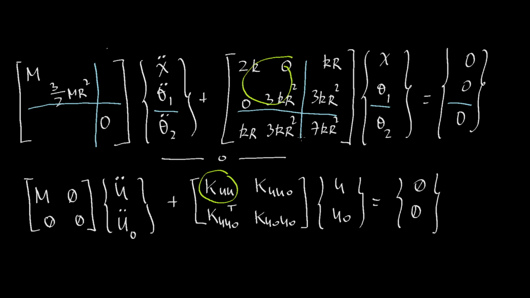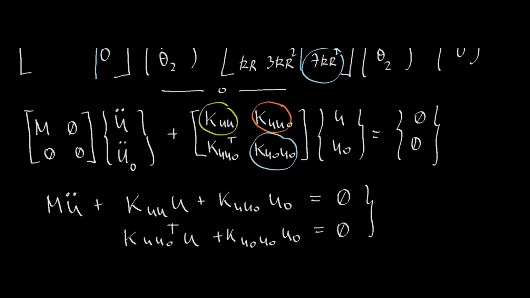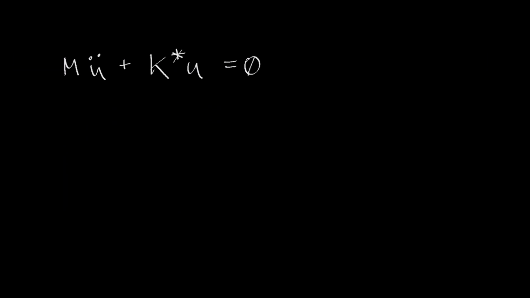This KUU0 is this one. This is the transpose, and this KU0U0. But in our case, it's just simply a scalar, a matrix of one by one. So we can identify the respective terms. KU is equal to, I will write it here again, 2K00 3KR squared.